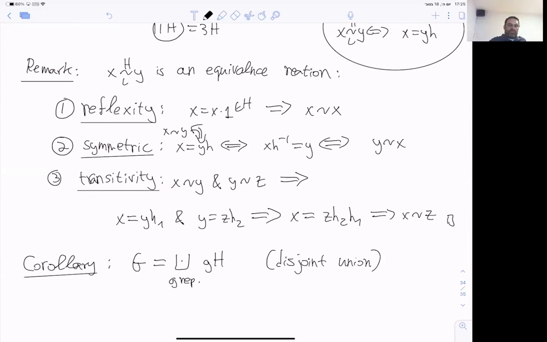So once we take G modulo H, we can compare it to other things. I mean, we can say that up to H we know this group, for example.